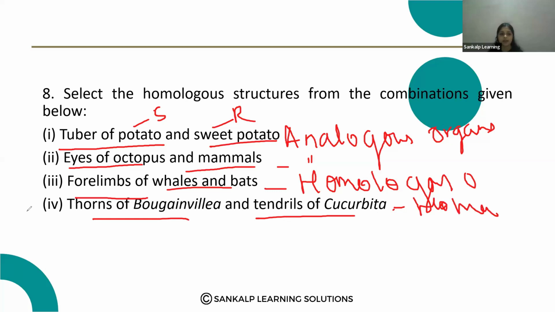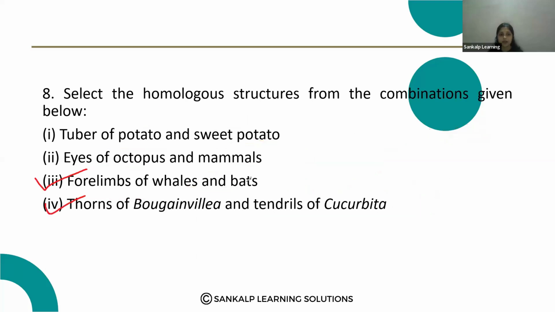So 3 and 4 are the homologous organs. Why they are homologous organs, that also you have to mention. And tuber of the potato and eyes of the octopus are analogous organs. I will write A here. Why they are analogous organs, that also you should write.